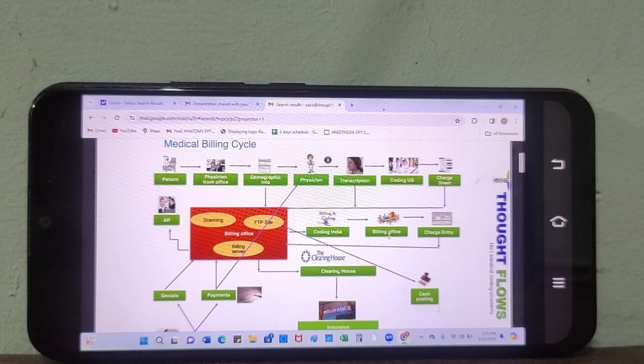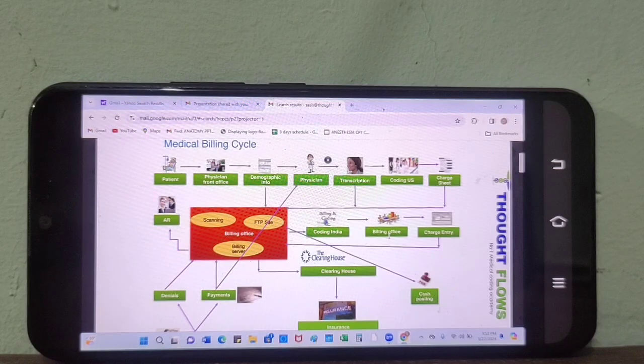So that charge sheet is now converted to the charge entry. In the charge sheet, we have a CPT code, ICD code, modifiers, and HCPCS. But in the charge entry, along with this information, the corresponding dollar value is also present.